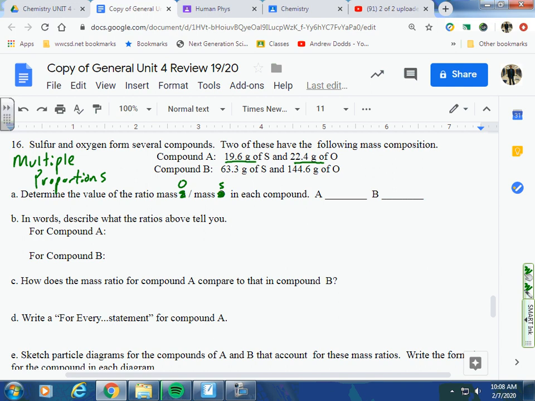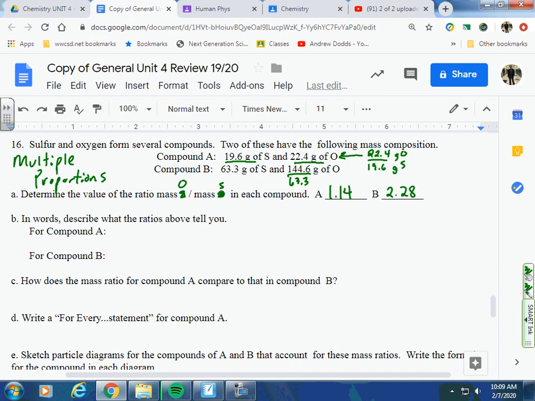So if I did compound A right here, I would take 22.4 and divide by 19.6. That's the grams of oxygen over the grams of sulfur. And that ratio would come out to be 1.14, or 1.14 to 1. For B, I would divide 144.6 by 63.3, and that would come out to be 2.28.